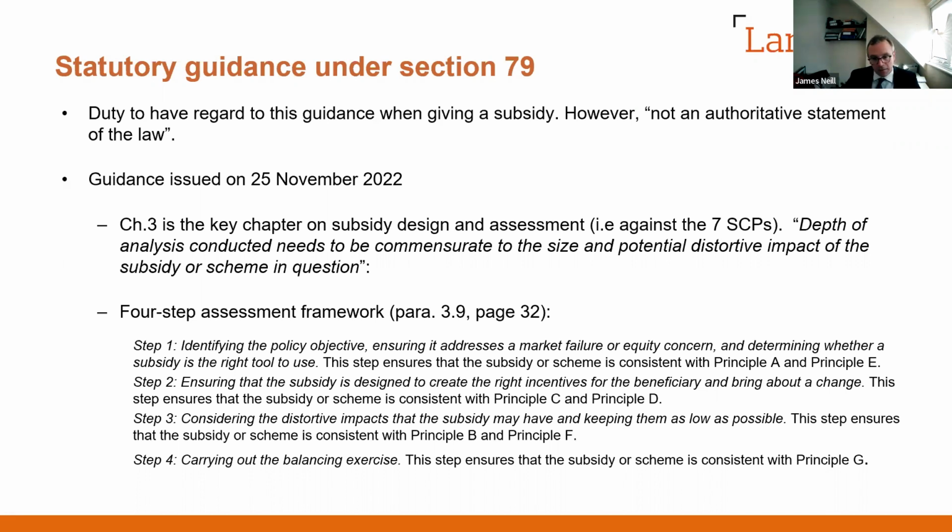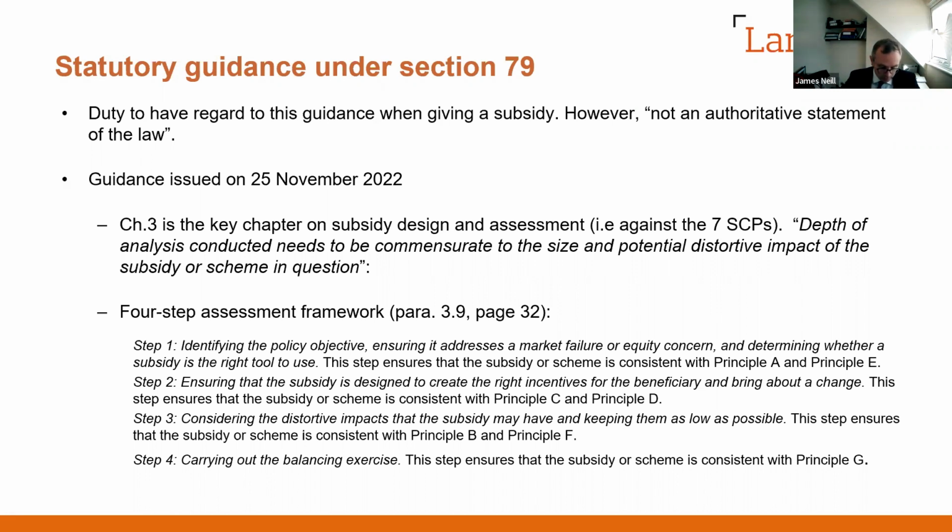What that does is effectively collate the 7 subsidy control principles I've referred to earlier, and put them into a 4-step framework in quite a useful and practical way for a public body to apply. So you have step 1, identify a policy objective, and make sure it addresses a market failure or an equity concern.